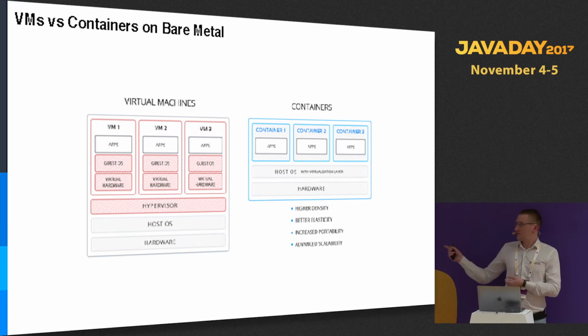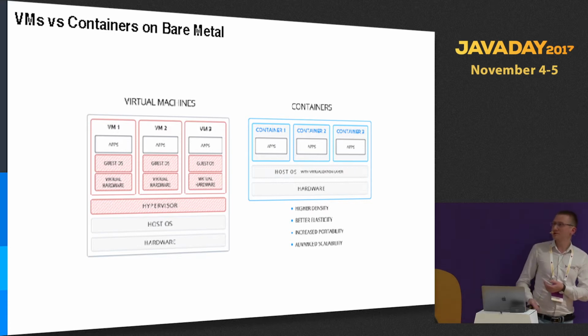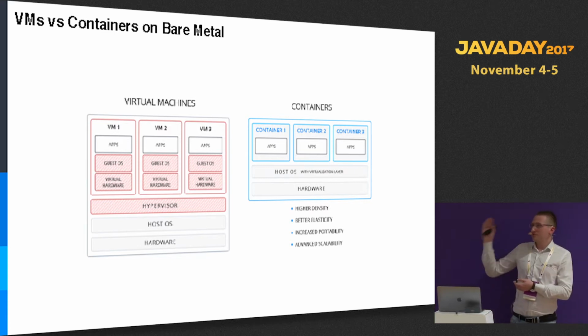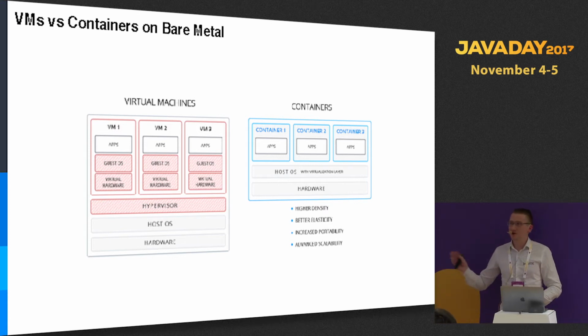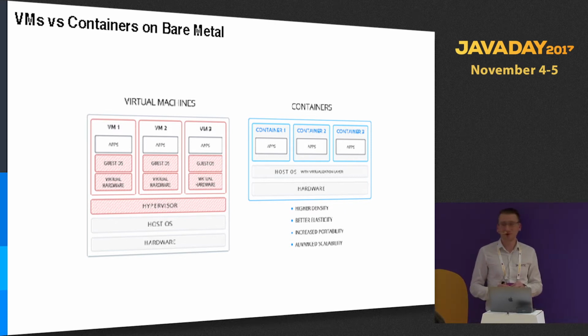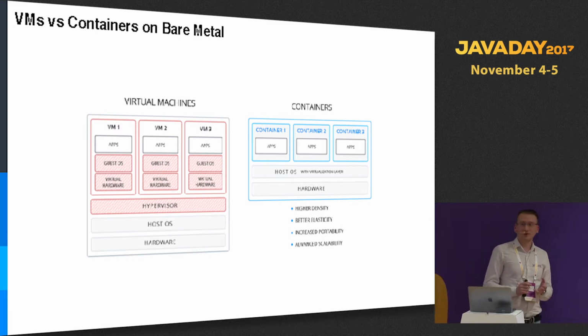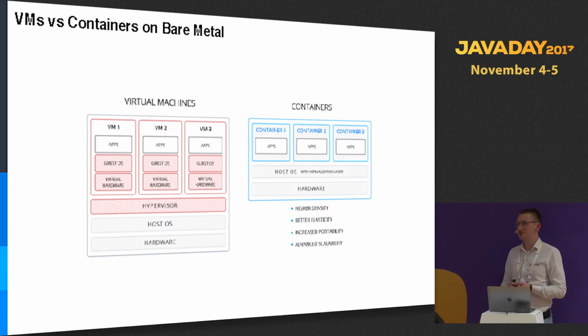And the container itself is not a new technology. Many people think that Docker invented containers, or that the Open Container project invented containers. No, not that project, not Docker. Containers have existed for many years. Even in Solaris, there were Solaris zones. In FreeBSD, there were jails.